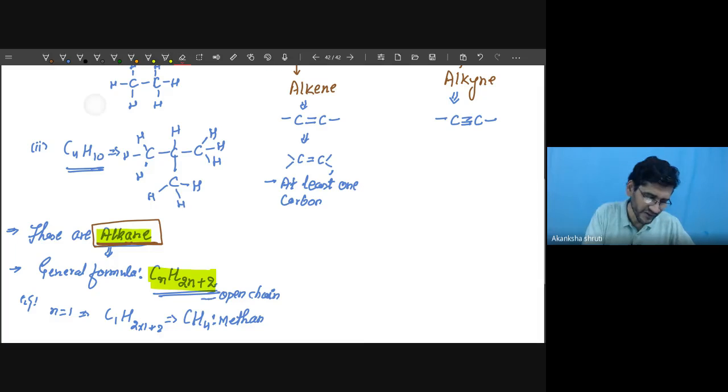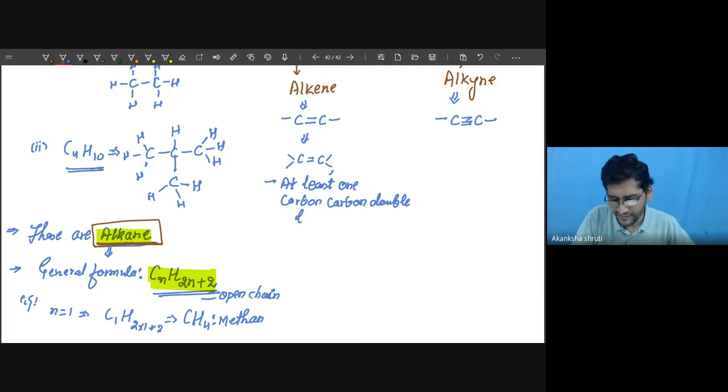Or in continuation you may write carbon double bond carbon. The double bond must be there, meaning it must contain this unit anywhere in the molecule.